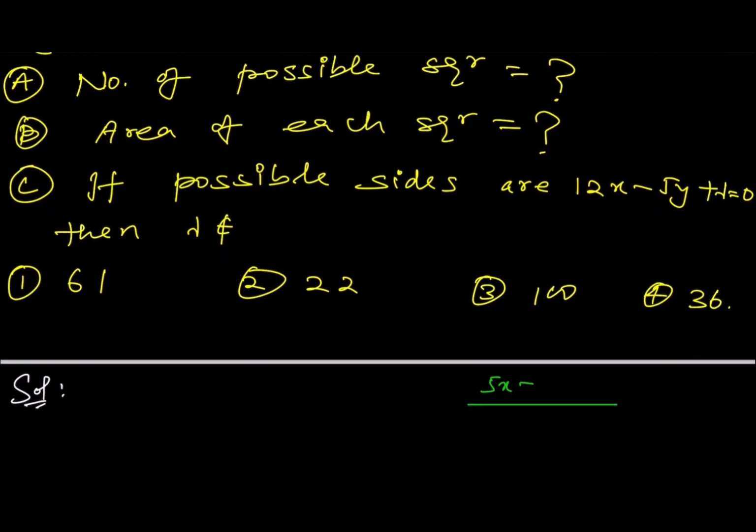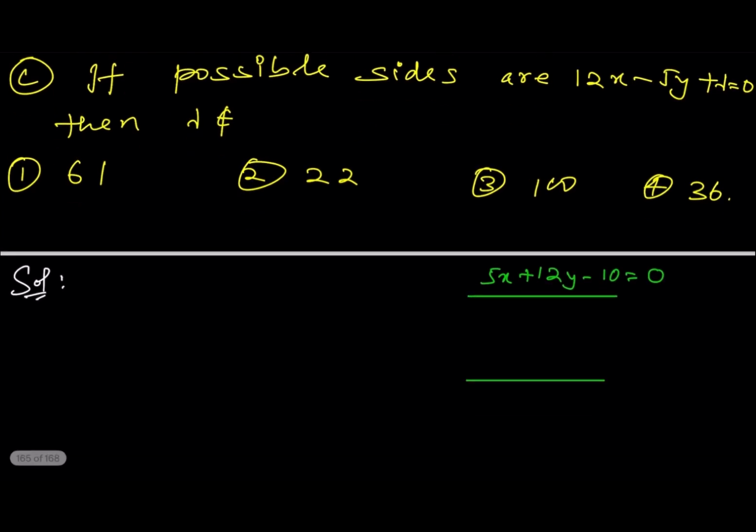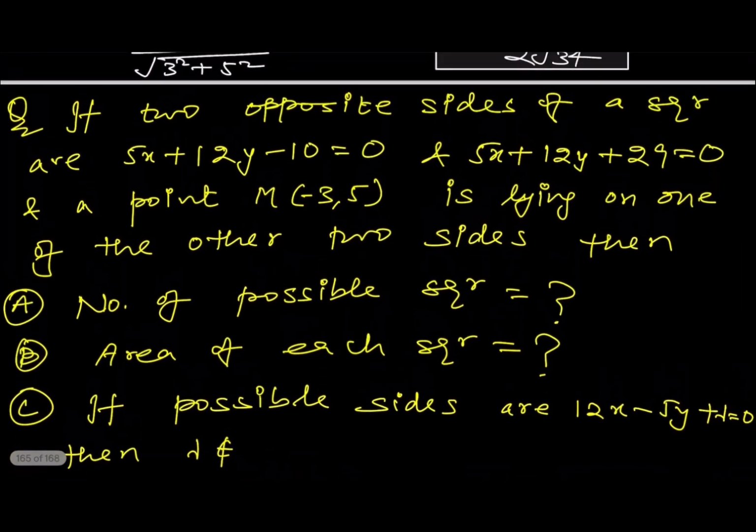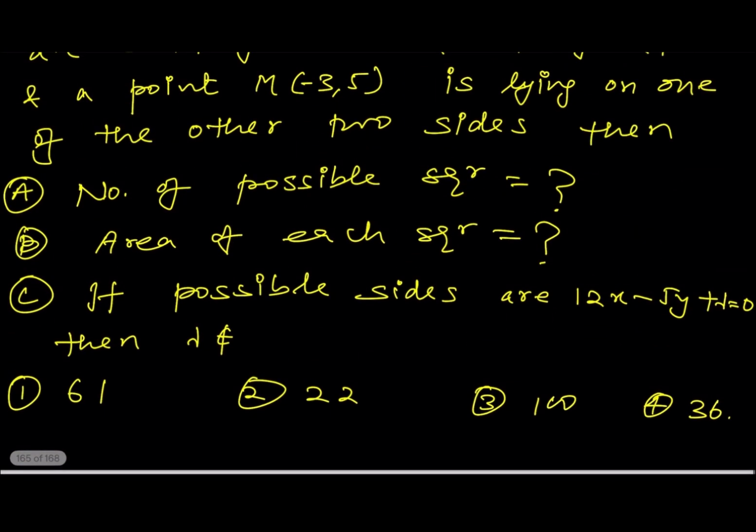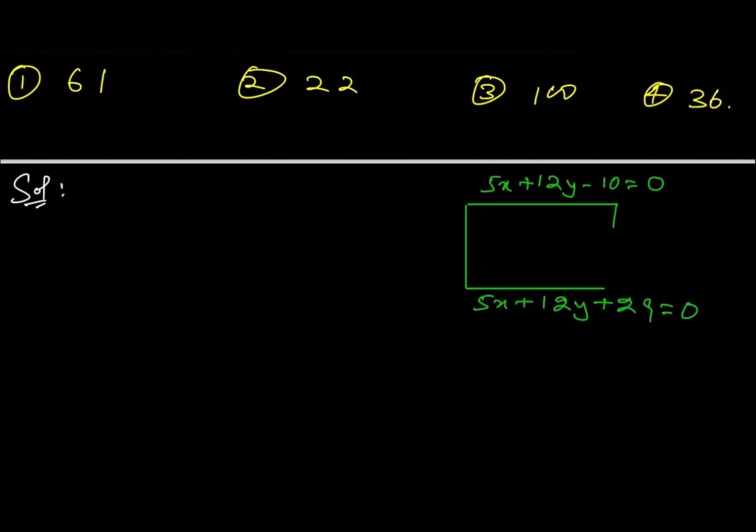This is 5x plus 12y minus 10 is equal to 0. This is 5x plus 12y plus 29 is equal to 0. Let us complete the square.